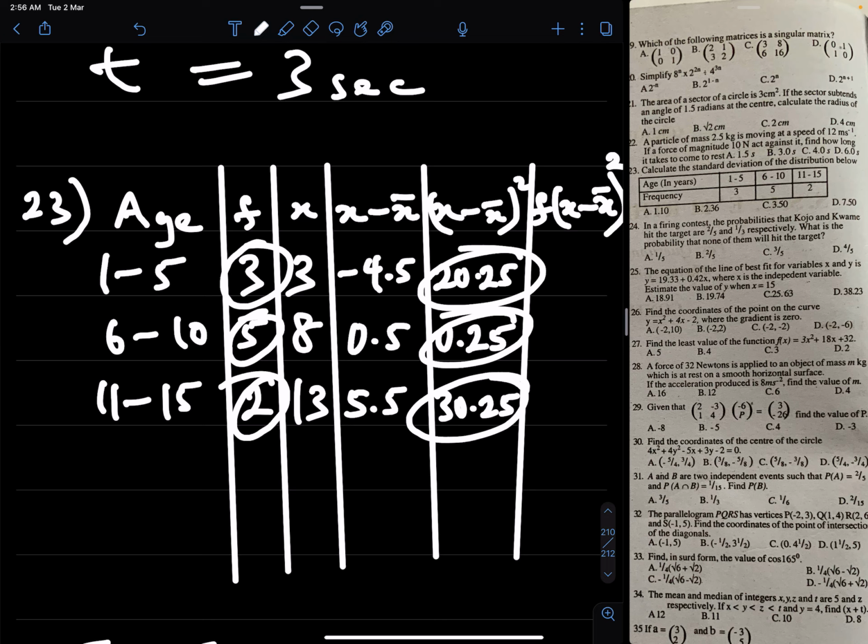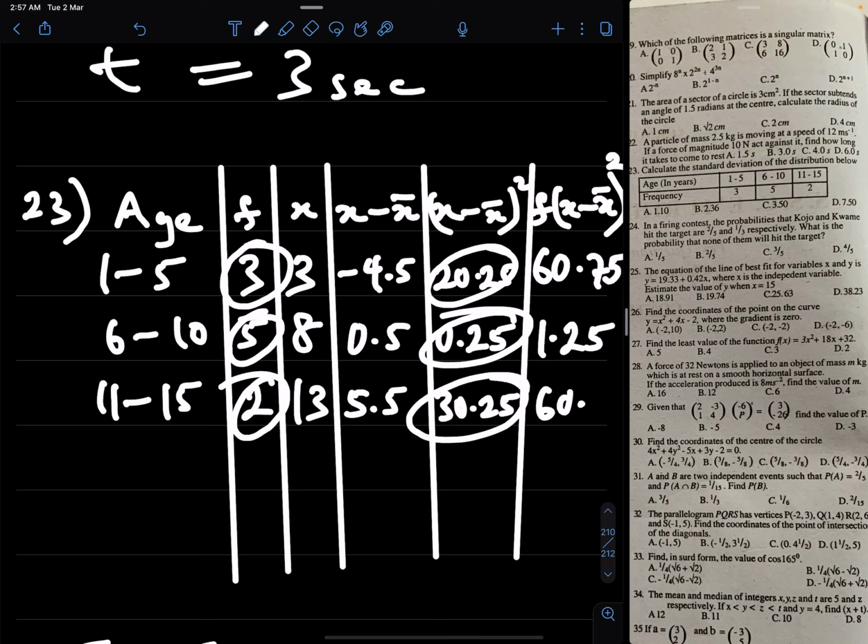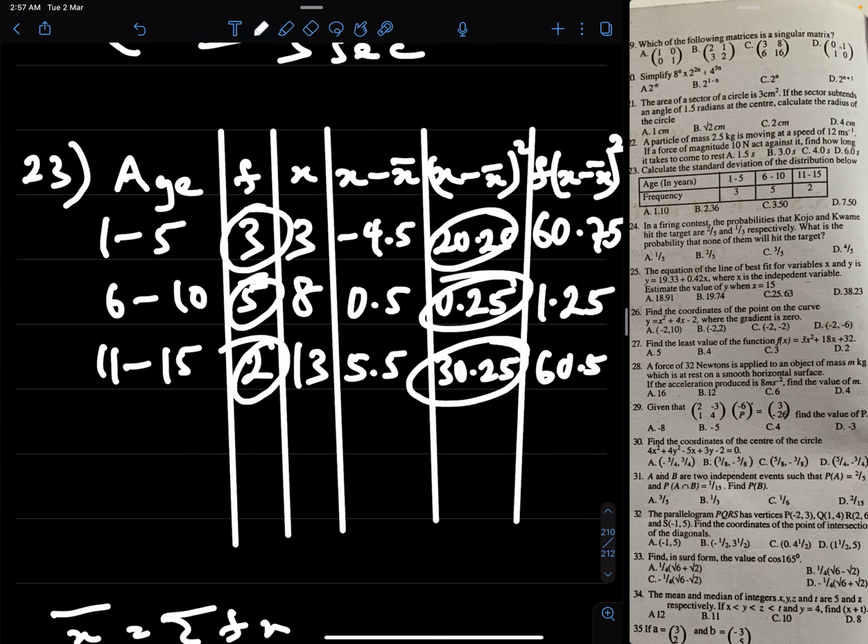So 3 times 20.25 is 60.75. The next is 5 times 0.25, which is 1.25. And the next is 2 times 30.25, which is 60.5.